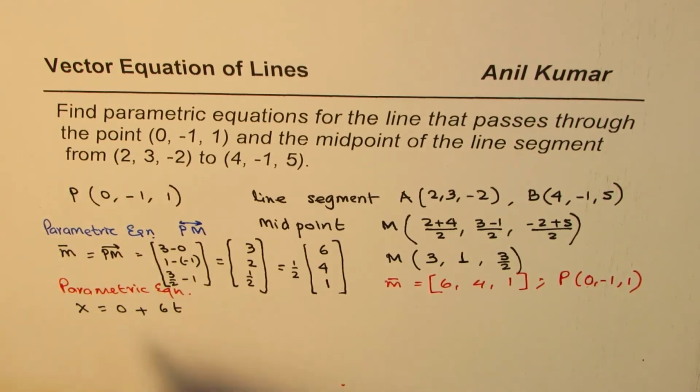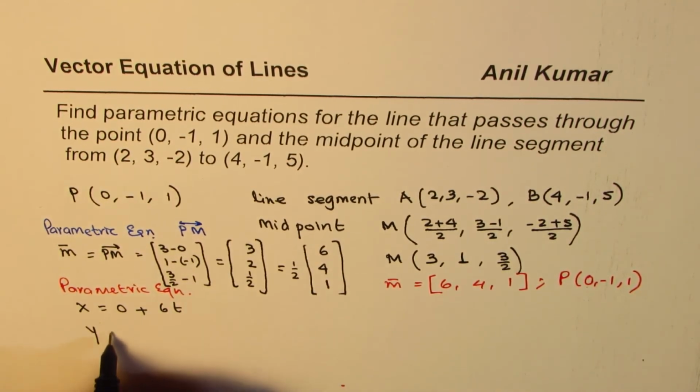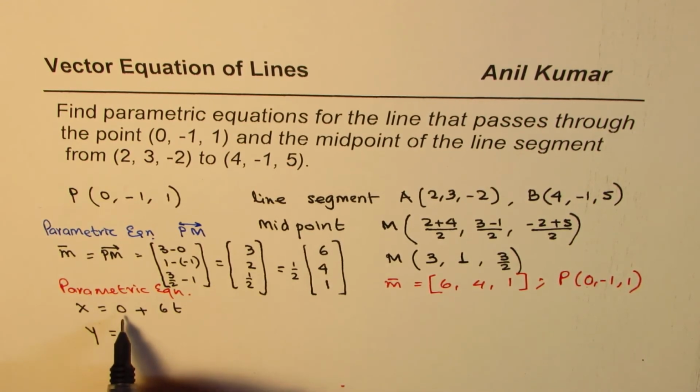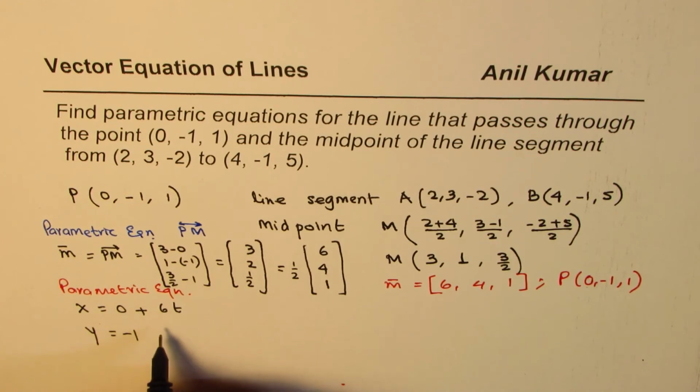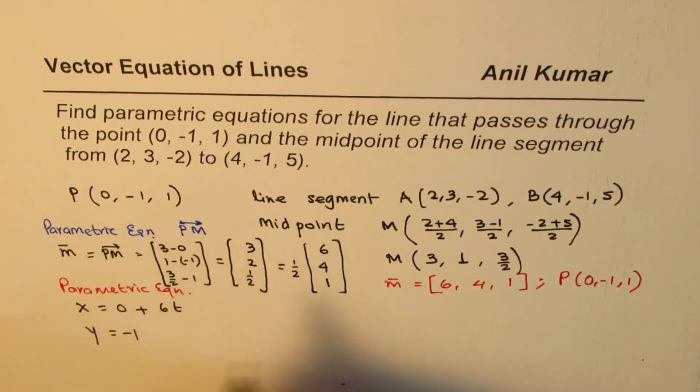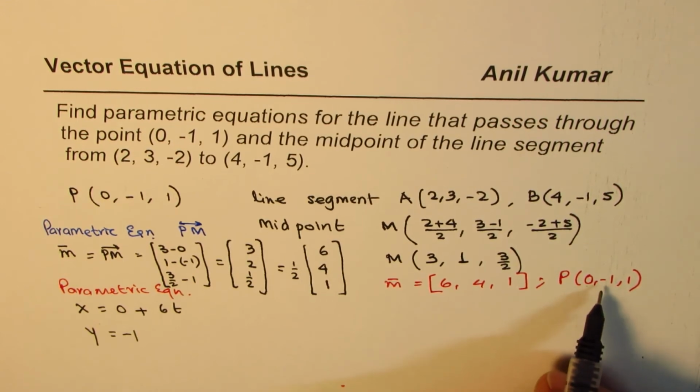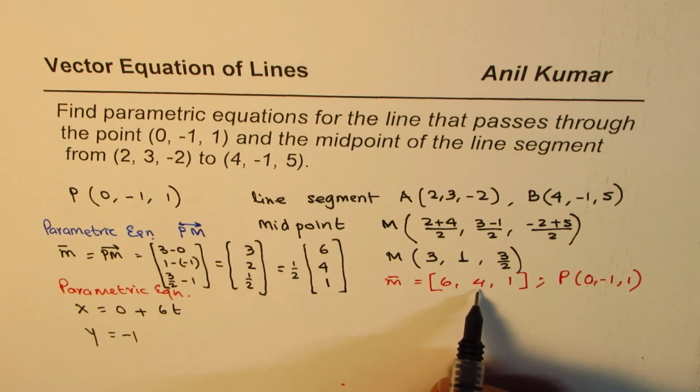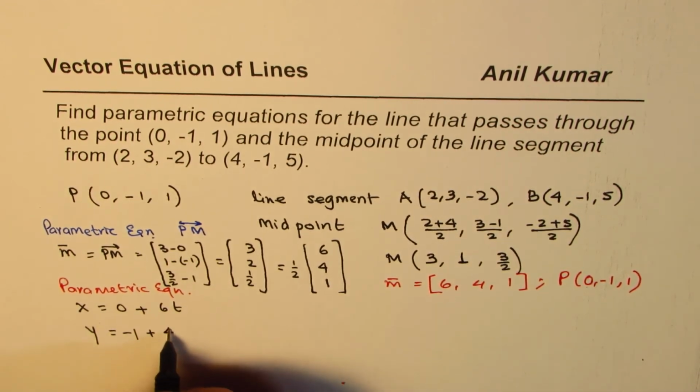Perfect. So this is the x value. You need not write 0; I'm just writing for clarity. Only 6t should be written. For the y value, -1 is the coordinate, and the direction is 4, so it is -1 plus 4t.